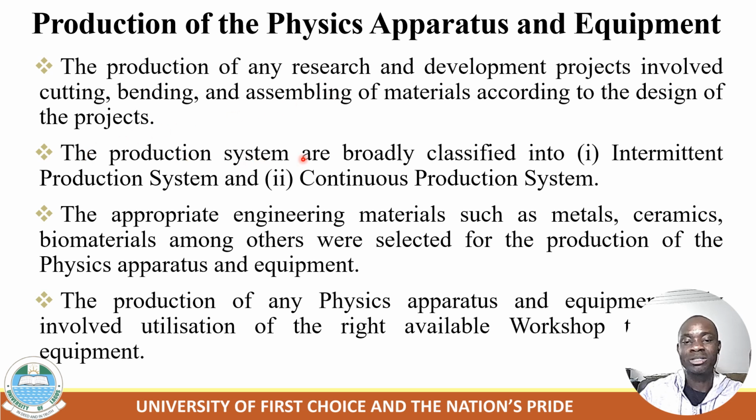The production systems are broadly classified into intermittent production system and continuous production system. The appropriate engineering materials such as metal, ceramic, biomaterials, among others, were selected for the production of physics apparatus and equipment. The production of any physics apparatus and equipment involves utilization of the right, available workshop tools and equipment.